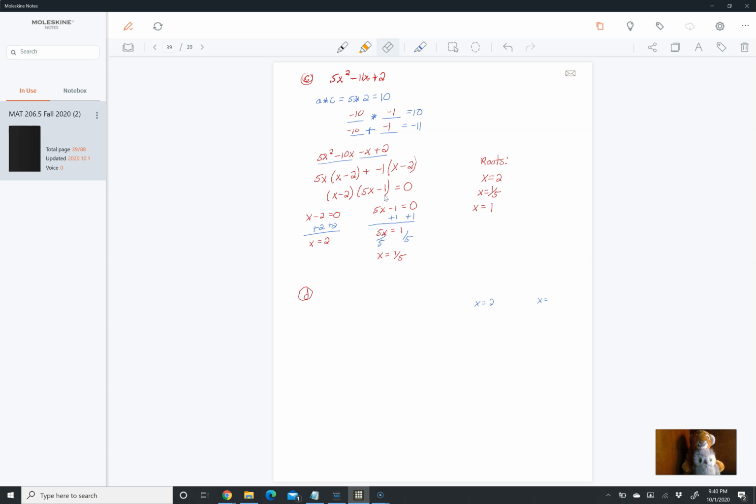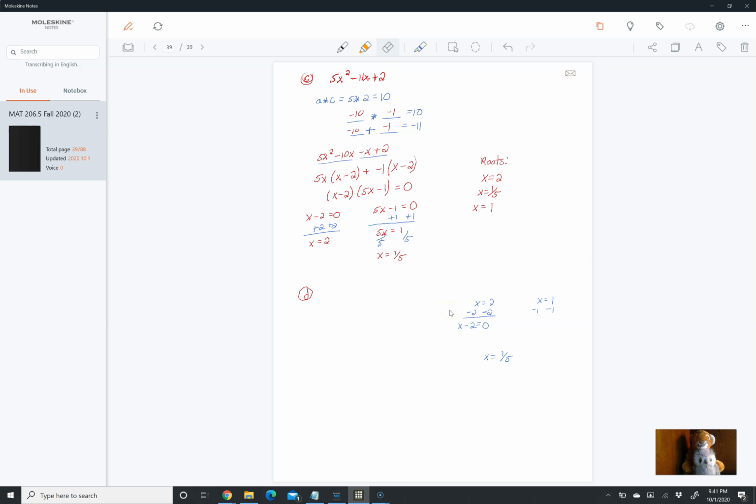So we have x equals 2, x equals 1, and then we have x equals 1 over 5. For x equals 2, we subtract 2 from both sides. That gives us x minus 2 is equal to 0, which we already know from up here, right? We already have that x minus 2 equals 0. So we're just repeating work, so you don't have to do this.